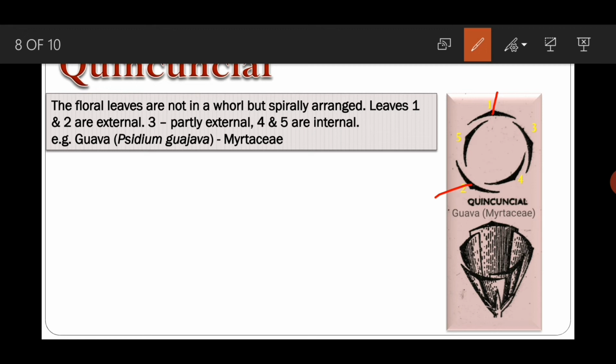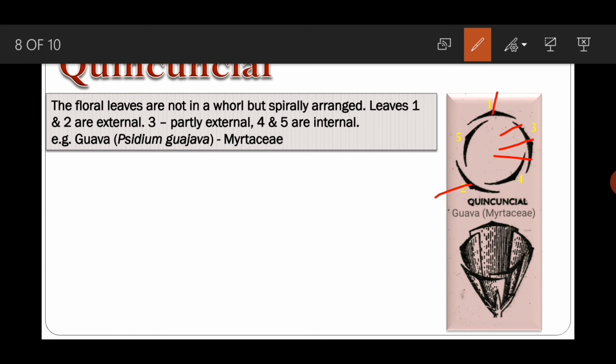Then sepal number 3 is partly external. Partly means what? One side, that is one margin, is overlapping and the other margin is overlapped. So this is overlapped and this is overlapping. Then sepal numbers 4 and 5 are internal.